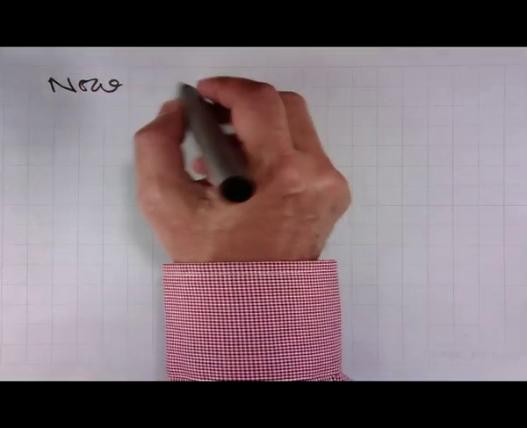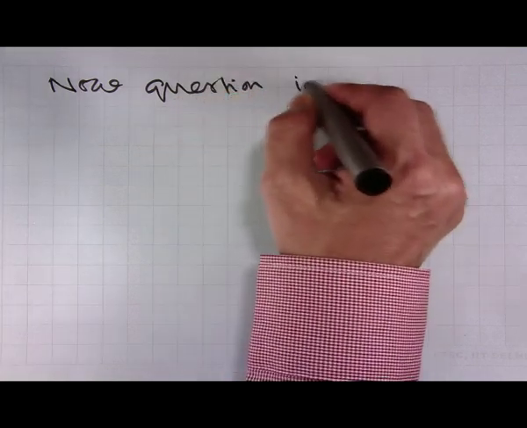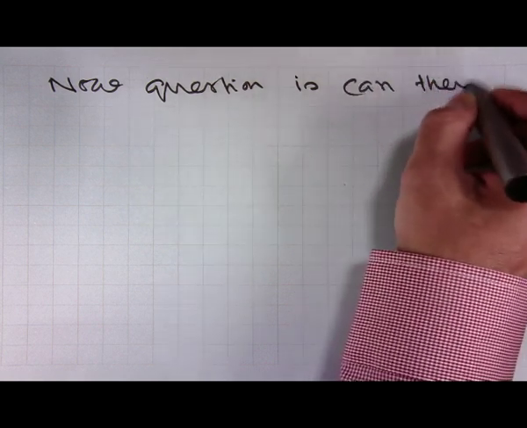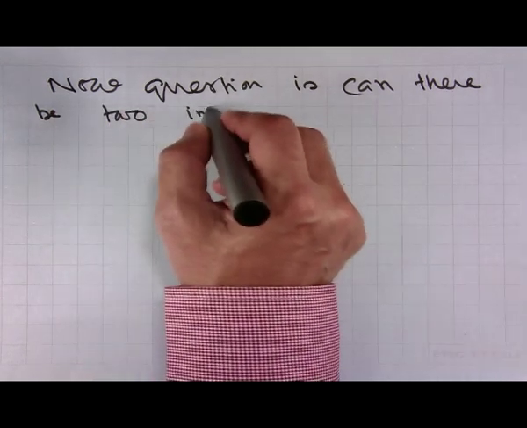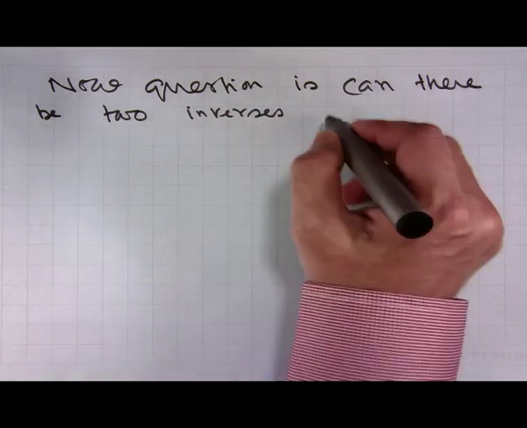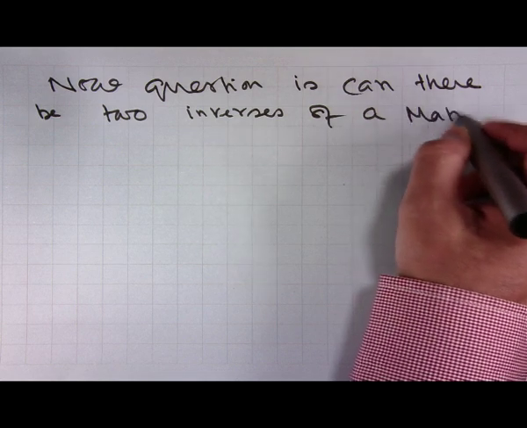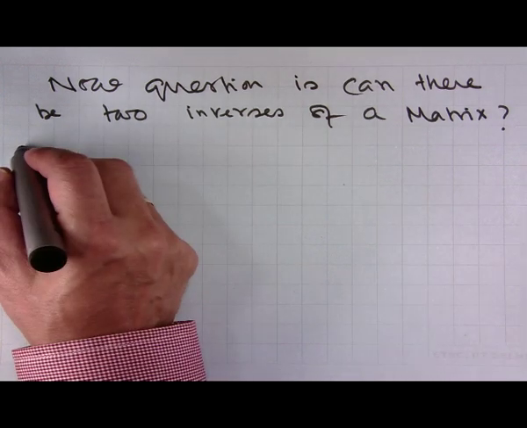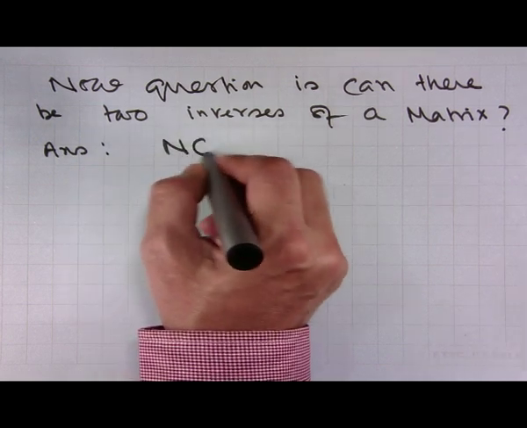Now, the question is, can there be two inverses of a matrix? The answer is no. Why?